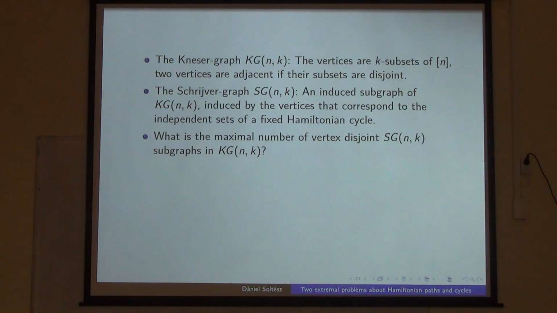But first, let me mention that if you just drop the disjointness condition, so how many Schrijver graphs are in a Kneser graph, in all the interesting cases, it's just the number of Hamiltonian cycles on a ground set of size n. So if you drop disjointness, it's trivial. It's (n-1)! over 2.